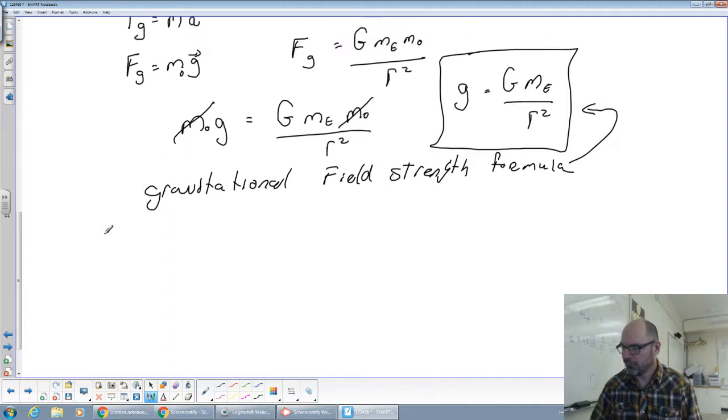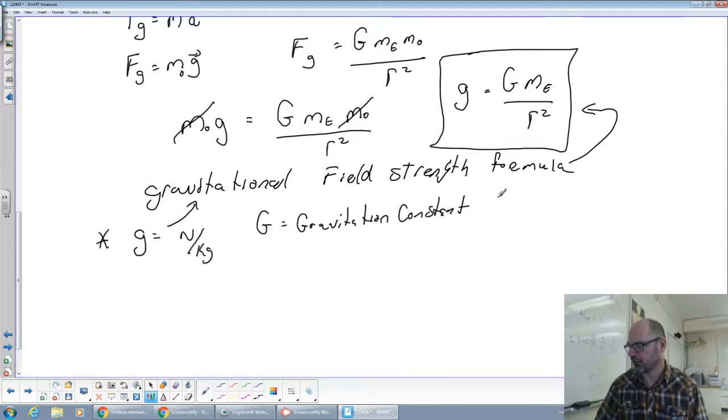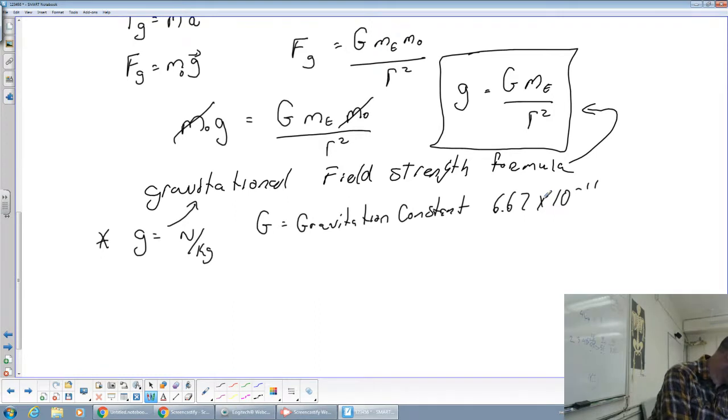Okay, so g is the gravitational field strength. That's newtons per kilogram. Okay, G is the gravitational constant. Okay, and that's 6.67 times 10 to the negative 11. I always forget what the unit is here, so let's just take a look here. Newton meter squared per kilogram squared.